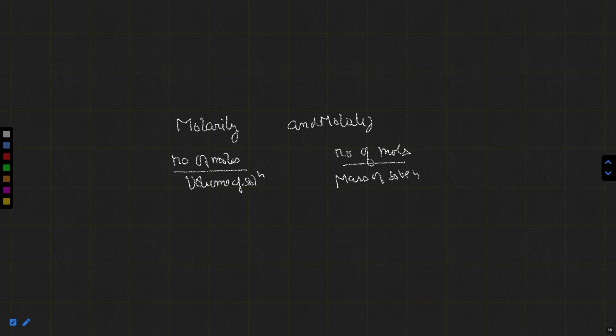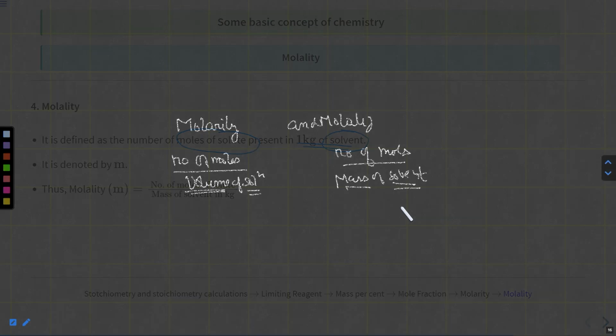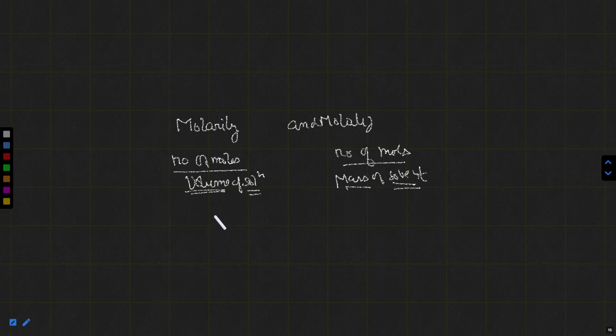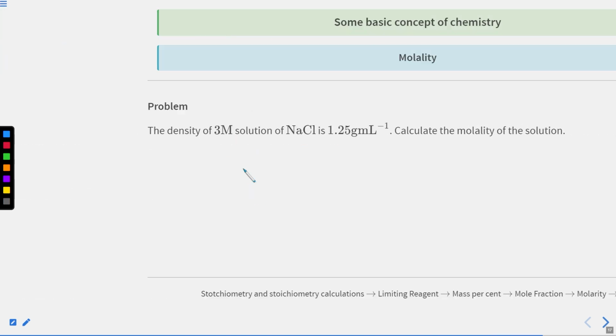In one we take volume, in the other mass; in one we take solution, in the other solvent. This is very important. Molarity is represented by capital M, and molality by small m. So molality is equal to number of moles of solute by mass of solvent in kg.